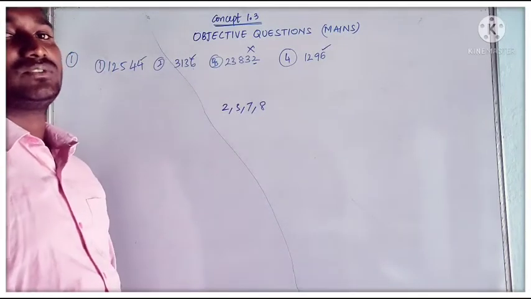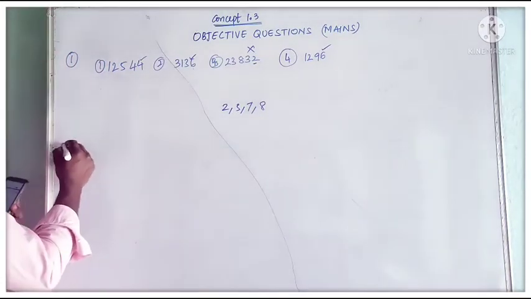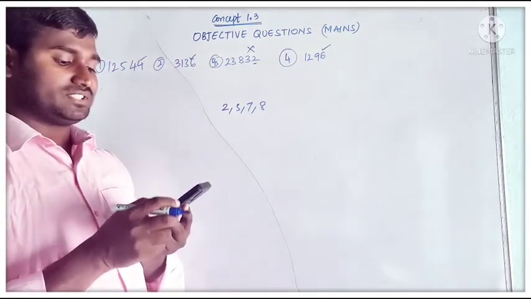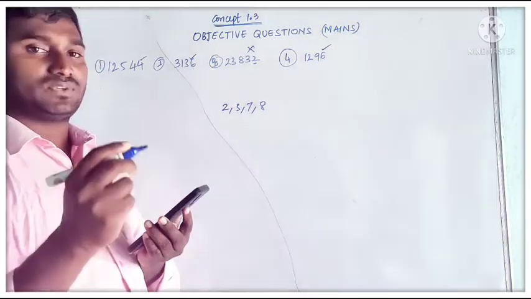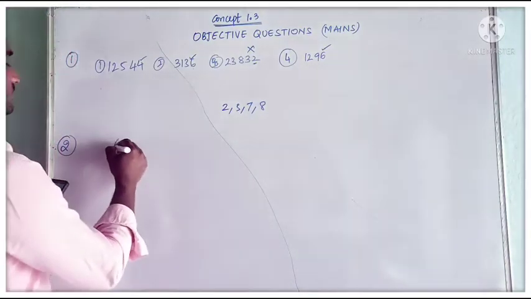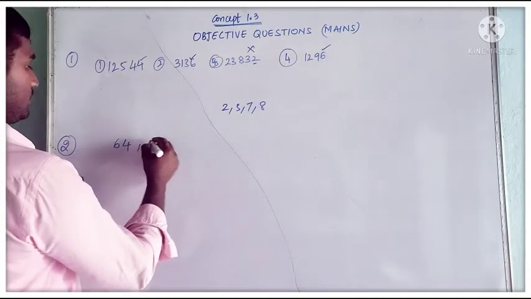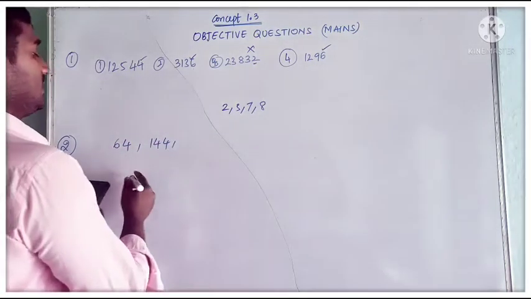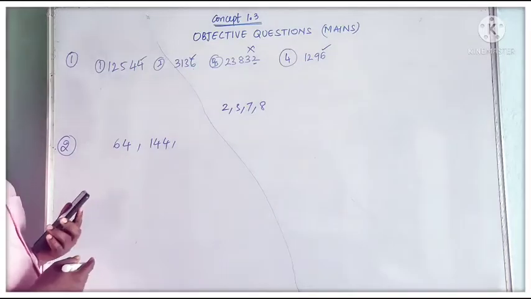Second question: if the units digit of a perfect square is 4, then its units digit of the square root can be? You can take 64 and 144. These are perfect square numbers which end with 4.